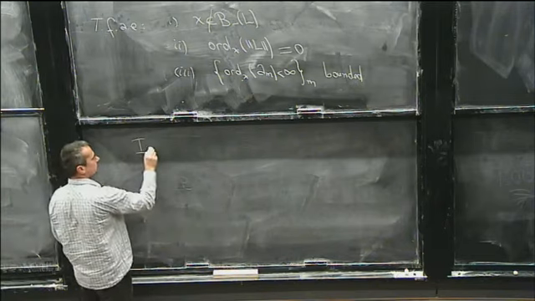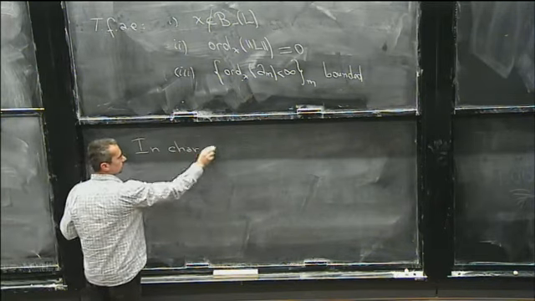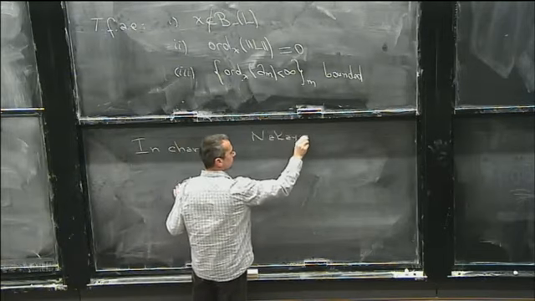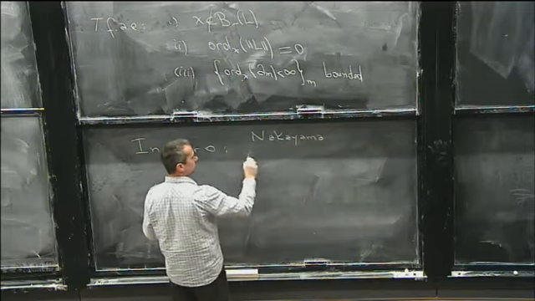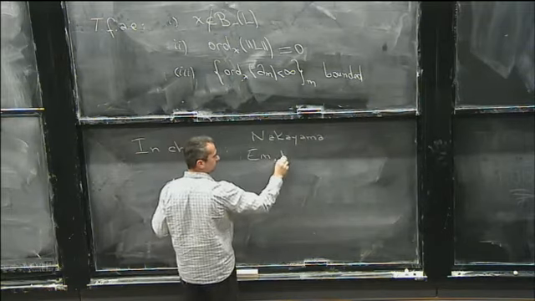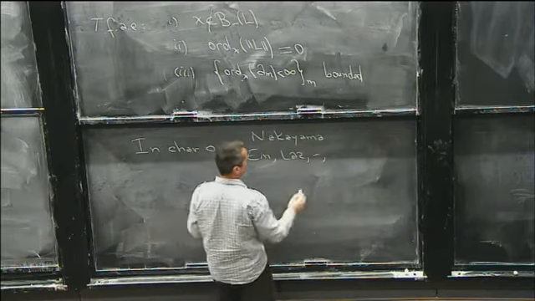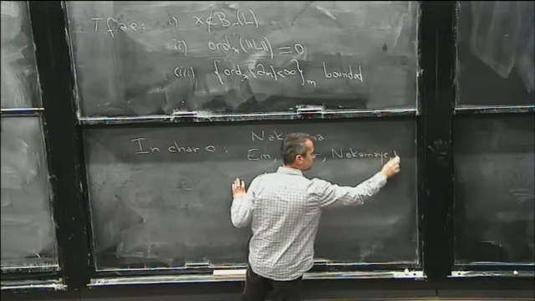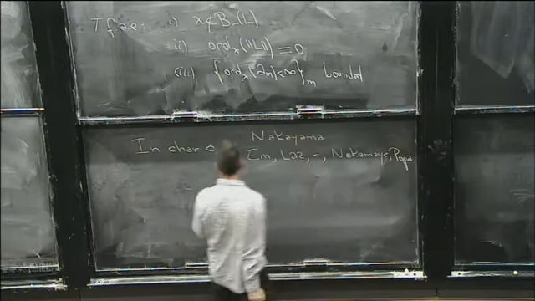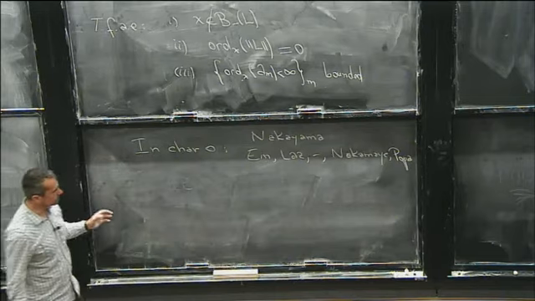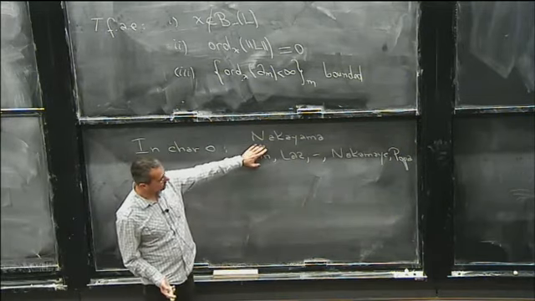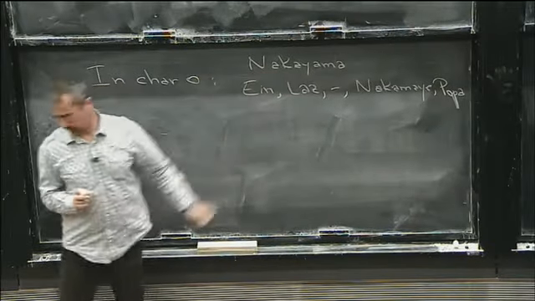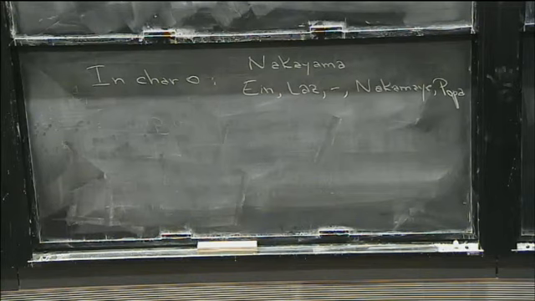So again, in characteristic 0, this was proved by Nakayama and independently in a joint paper with Lawrence Hein, Rob Lazarsfeld, Michael Nakamaye, and Mihnea Popa. And what I'm doing here is just using the approach in this paper, but replacing a certain tool called multiplier ideals with something called test ideals that I will explain.